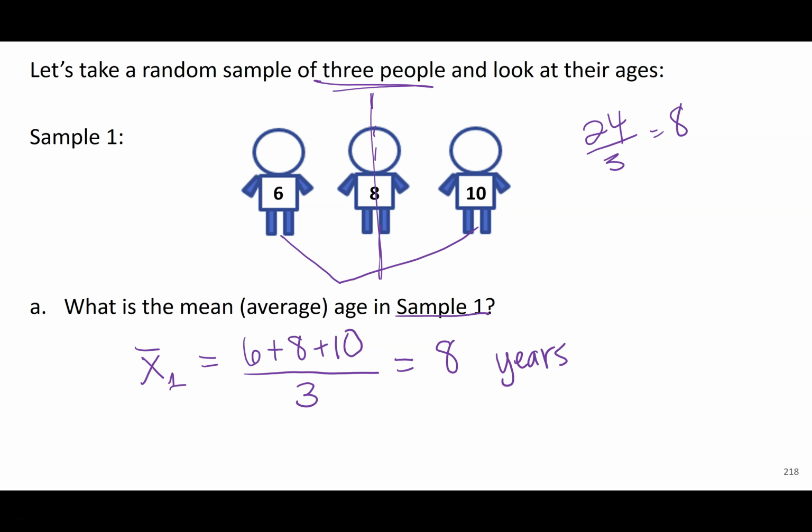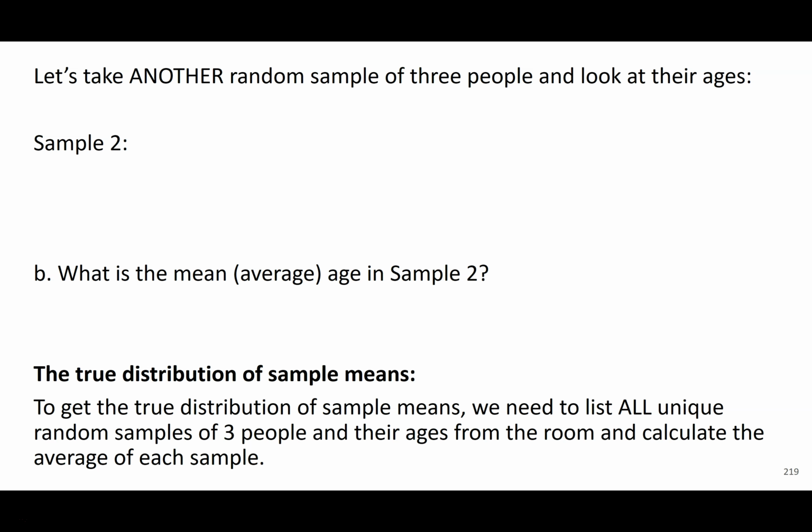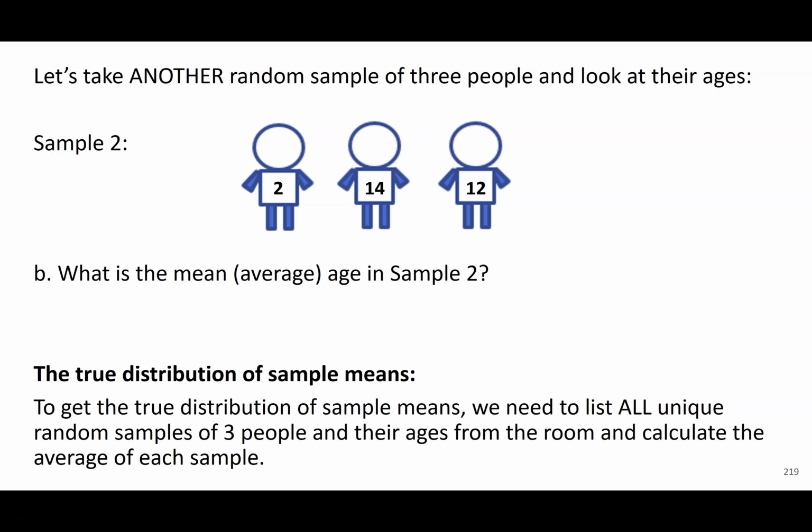So now I'm going to take a second sample. I'm going to randomly sample 3 people again from this room. Look at their ages. So now I have the 2-year-old, the 14-year-old, and the 12-year-old. So if I want to find the mean of this sample, I'm going to add their ages together and divide by the number of people, so 3.